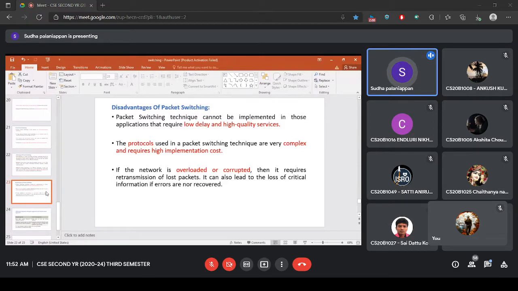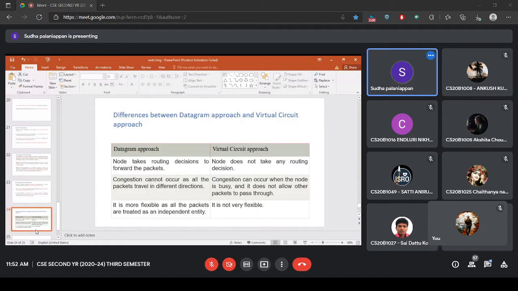And overall, if the network is overloaded or corrupted, it requires retransmission of lost packets. If any failure occurs during the transmission, then it requires retransmission of packets. These are the disadvantages of packet switching.